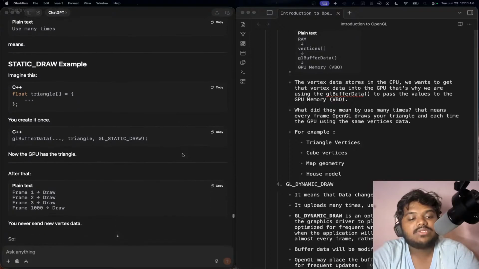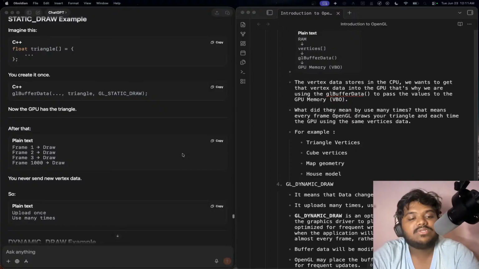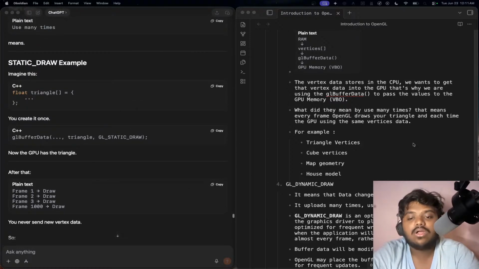Now the GPU has the triangle, and after that, every frame, you never send new data. So for the static draw.